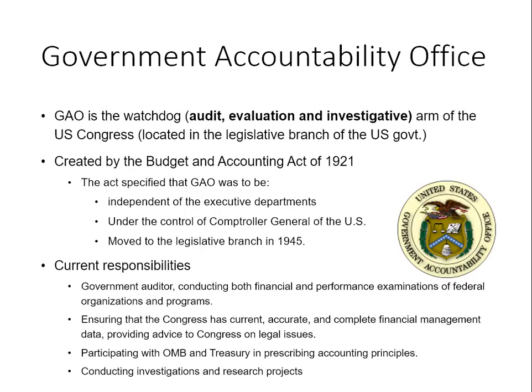Right, the third important agency is the Government Accountability Office. The GAO is a watchdog of the U.S. Congress. So the OMB is from the executive branch, and the GAO is from the Congress.